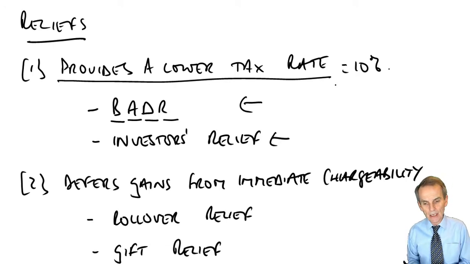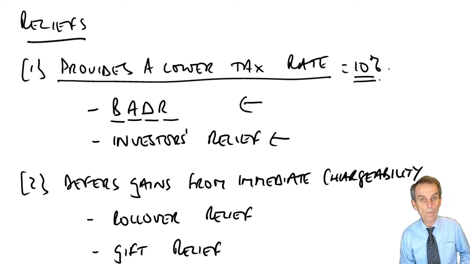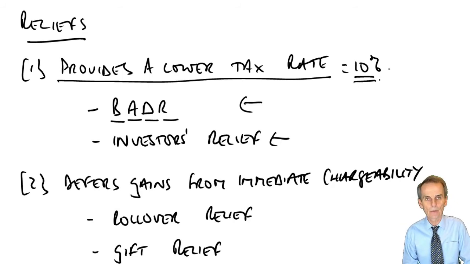And where these reliefs apply, to the extent there are limitations, gains that are probably going to be very serious amounts that would otherwise be in the 20% tax category will instead be taxed at a much more beneficially low tax rate of 10%.